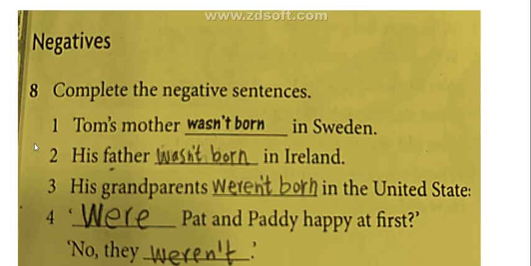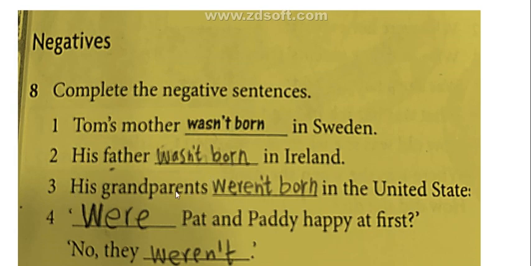Complete the negative sentences. Tom's mother, here because Tom is singular, so we put was. He asks us to put it in the negative form, so it will be wasn't born in Sweden. His father, singular and negative, so it will be wasn't born in Ireland.